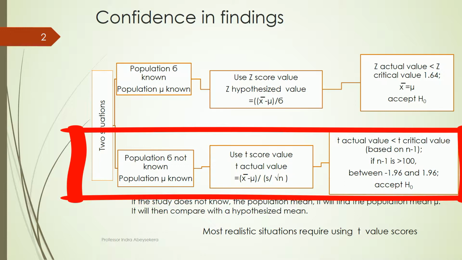it has the significance value, that is 1 minus the confidence interval: 0.05 for 95% confidence level and 0.01 for 99% confidence level.